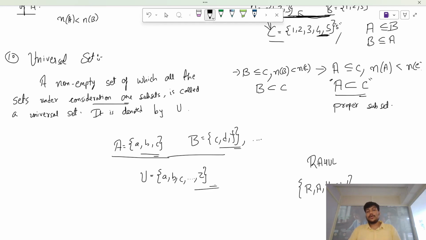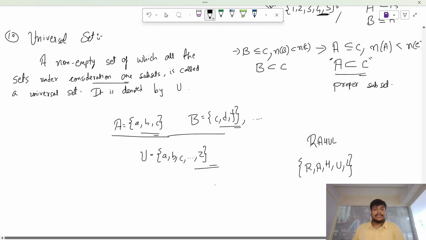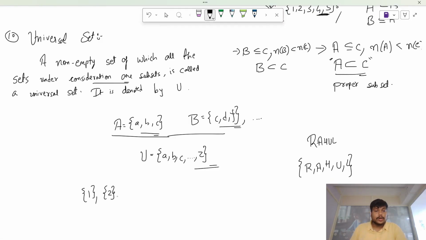If I am talking about roll numbers of the students in a class, let's suppose the class has 50 students. Each of the students would have a set with their own roll number. That means each of the students would have a singleton set. Which element would be in those sets? Whatever roll number a student has. And if I ask for the universal set in that context, then what could it be? I have 50 students, and I am asking them to make a set individually according to their roll number.